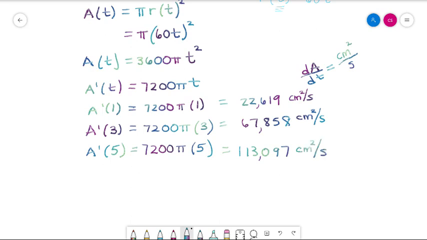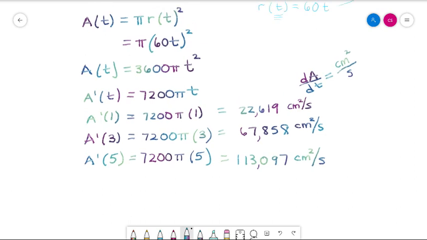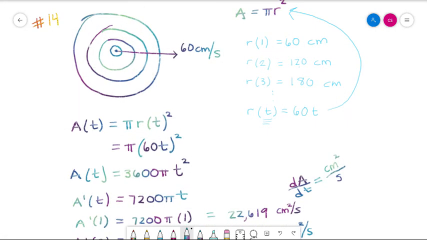All right, and then they want to know, like, what do we notice? Well, even though the radius is changing at a constant rate, right? We're just going 60 centimeters per second, right? So we're not increasing that speed, the velocity is constant.